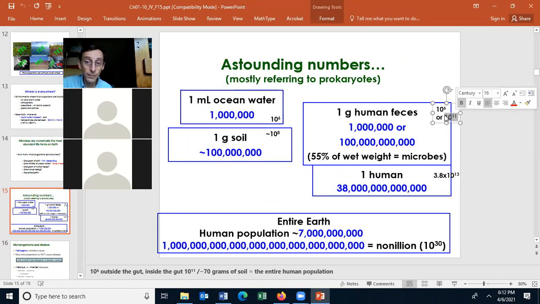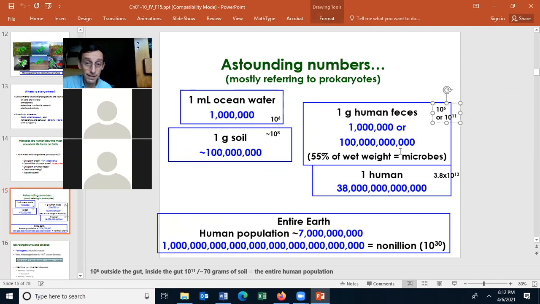But then again, if you find the feces all dried out on the Sahara Desert, for example, and it's been there for a long time, you'll only have 1 times 10 to the 6th microorganisms. But generally, the feces coming out of the body will be closer to 10 to the 11th.